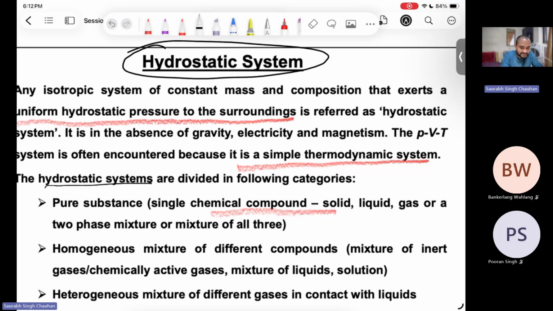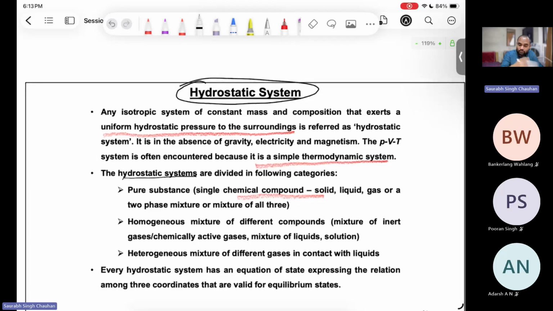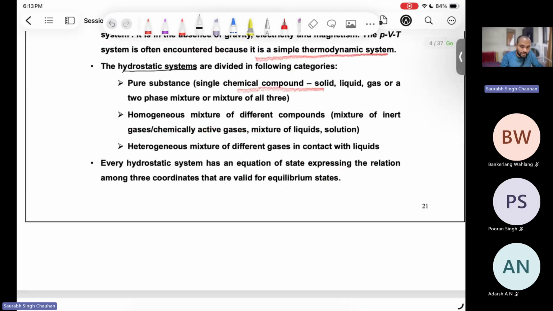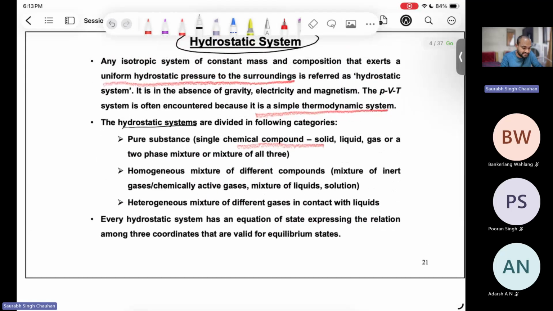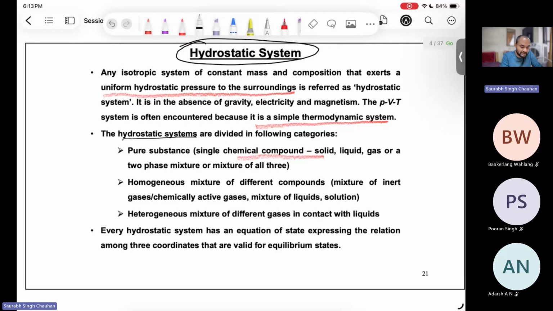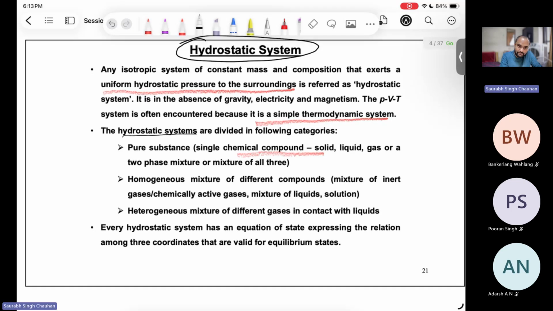Somewhere you can find the term simple compressible system. Both are equivalent in the context of this course. I hope that clarifies any doubt related to the term hydrostatic system. Someone asked in the previous session why we are referring to this term again and again. When we say this term, we are inherently assuming that these external force fields are absent.